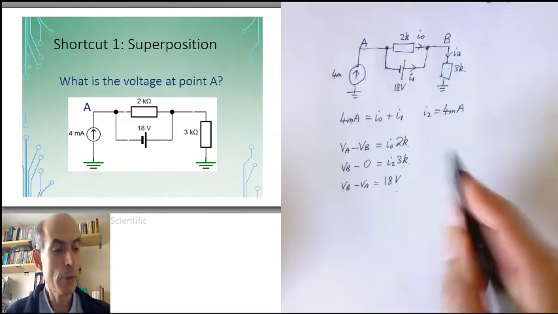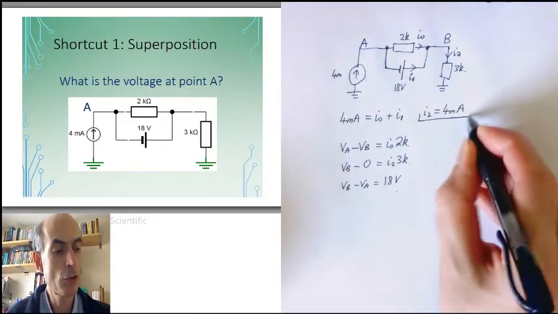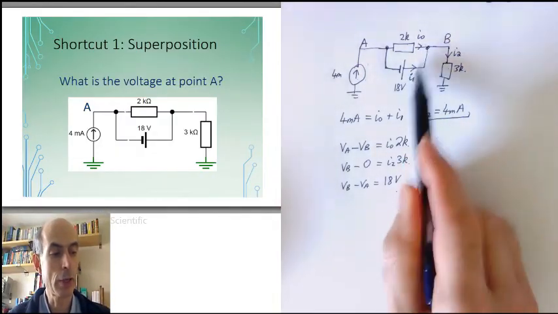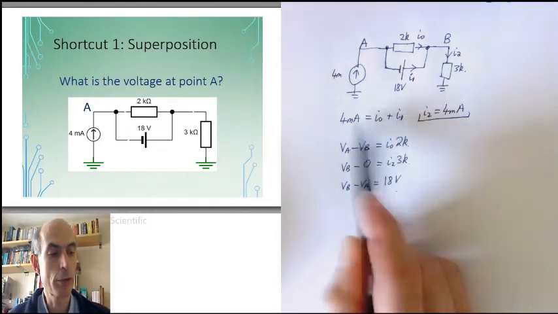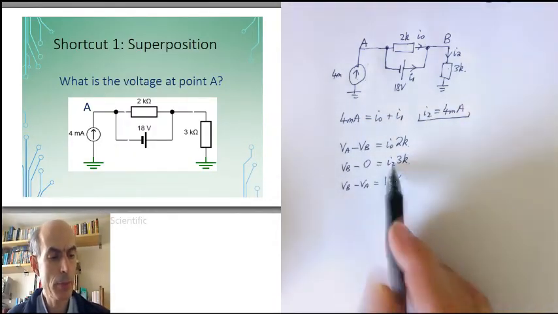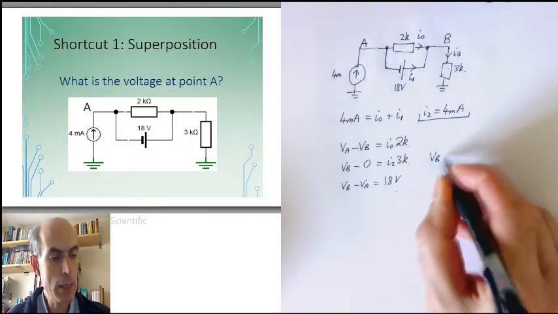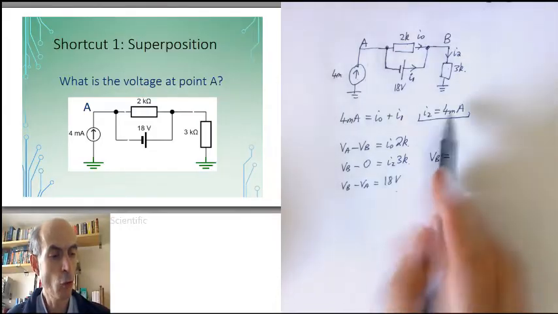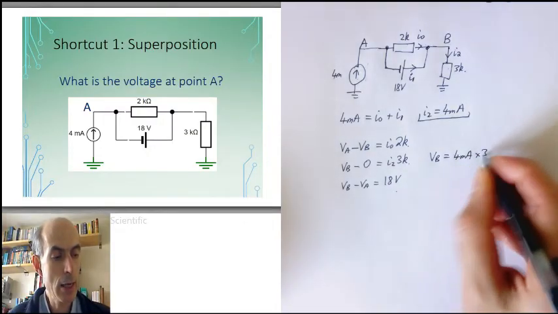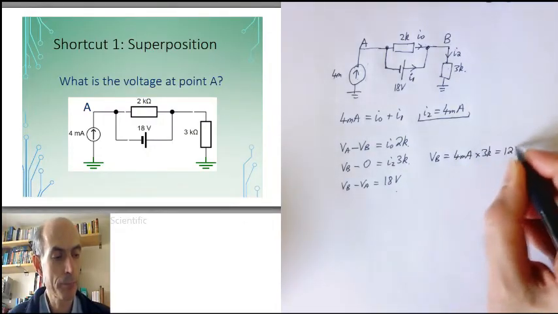Start to solve. Okay, well, I know that I2 is 4 milliamps because I2 is I0 plus I1, and I0 plus I1 is 4 milliamps. So I could substitute that directly into here, and that would give me VB equals 4 milliamps times 3K, which is 12 volts.